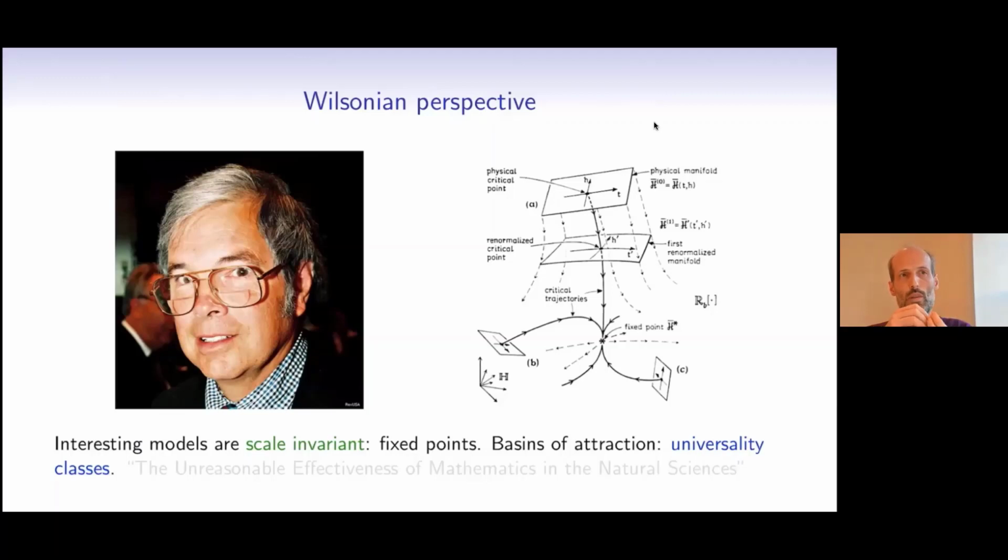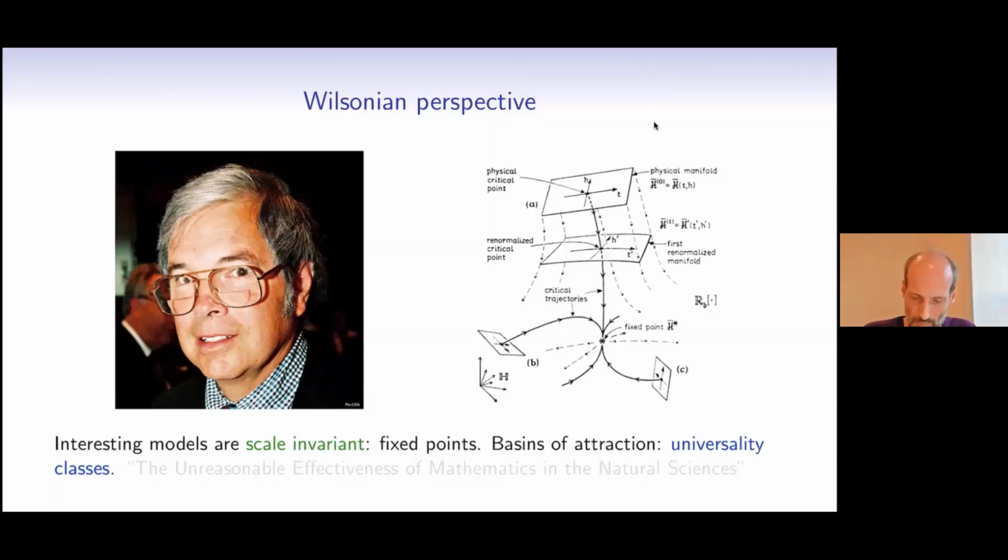So these would be the physical theories that behave in the same way no matter what scale you're looking at. Those are the interesting theories because you're more likely to actually see them, since they persist over large ranges of scales, and then it's more likely that the scale at which you happen to look at a system falls within that large range.